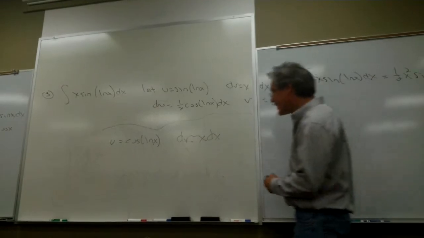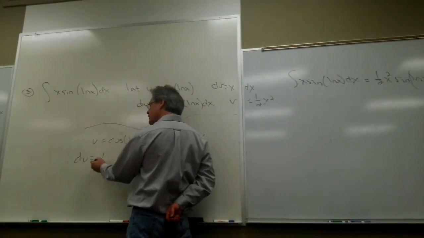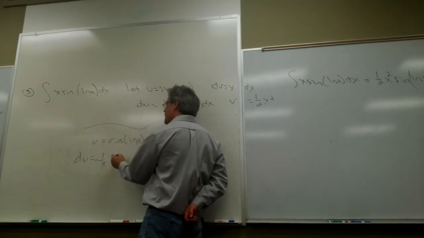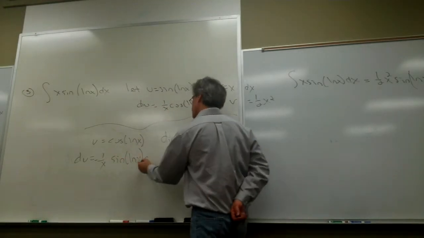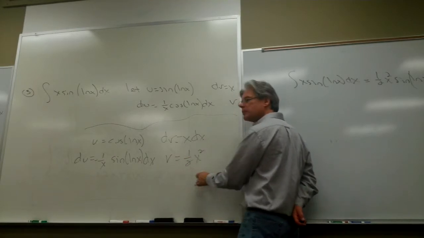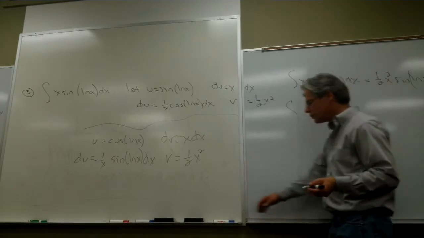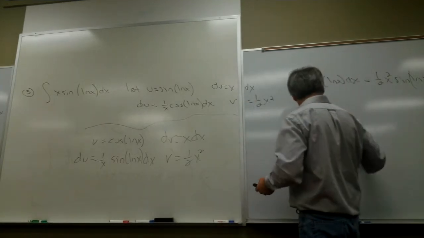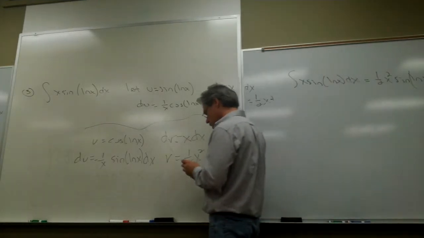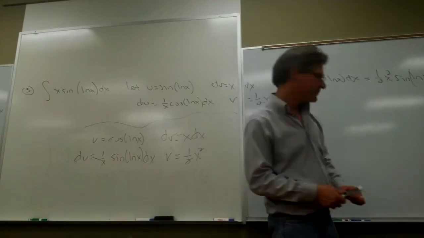Okay. So, here. Doesn't this mean that du is equal to negative 1 over x sine natural log of x dx? And v is going to be 1/2 x squared. Ah, but that tells me that my original integral, sorry, I misspoke. I didn't misspeak, I miswrote.